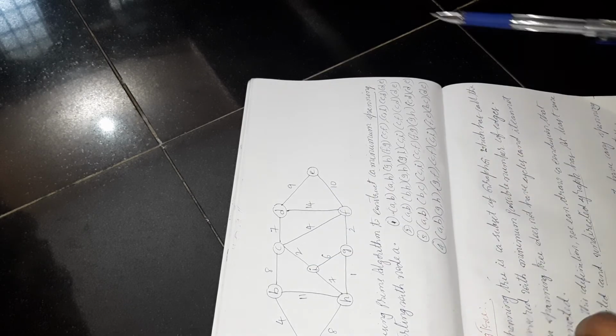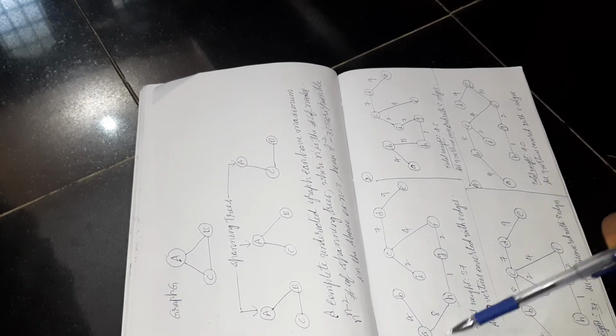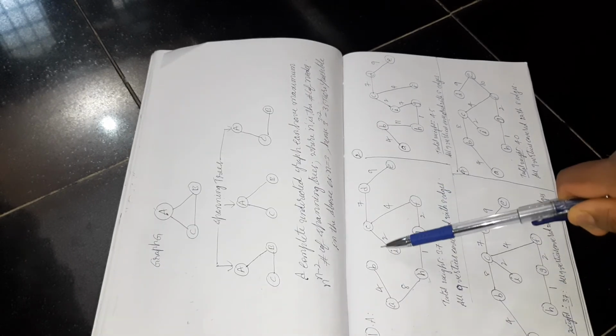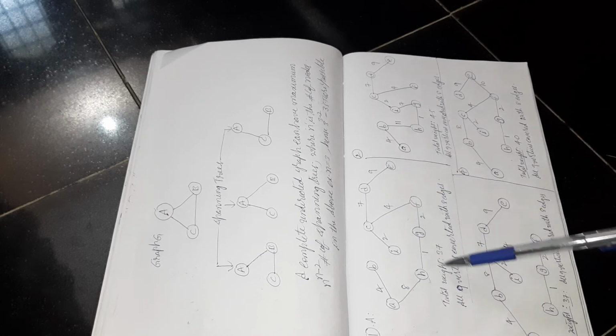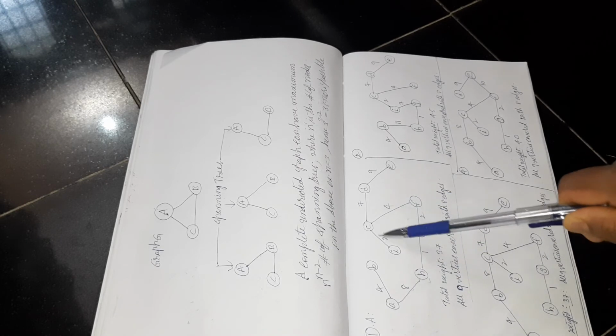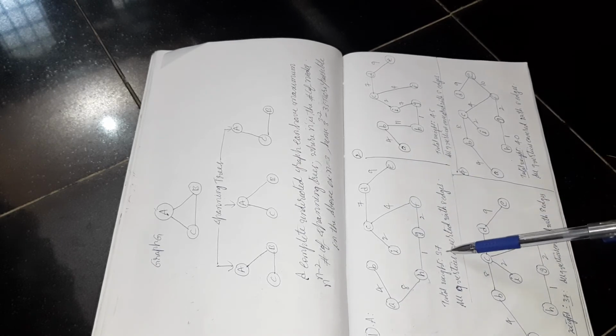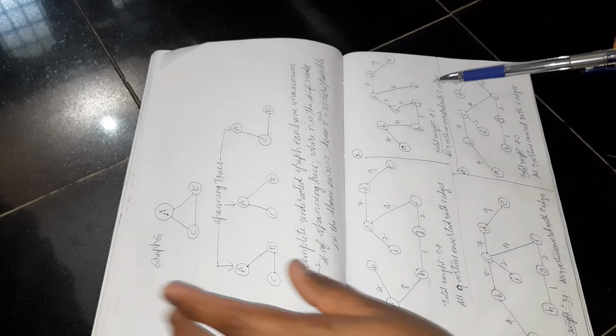Okay, I will show you here. This is the spanning tree of the first option. All the vertices are covered. The total weight is 37. If we add all the weights, it becomes 37. This is the weight of the first option.